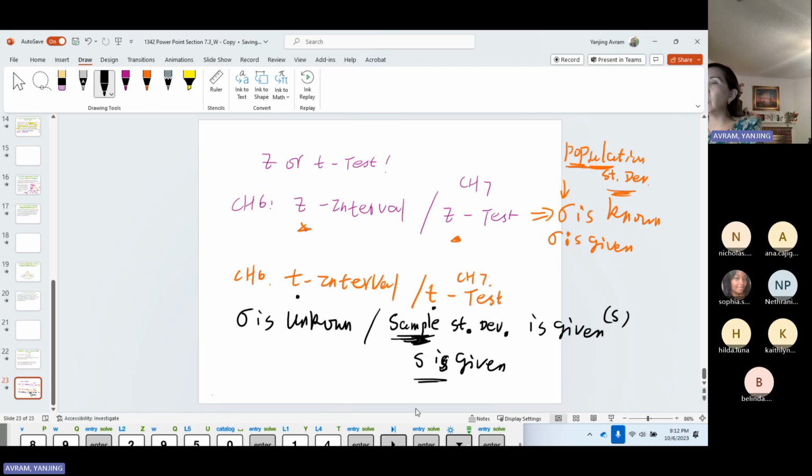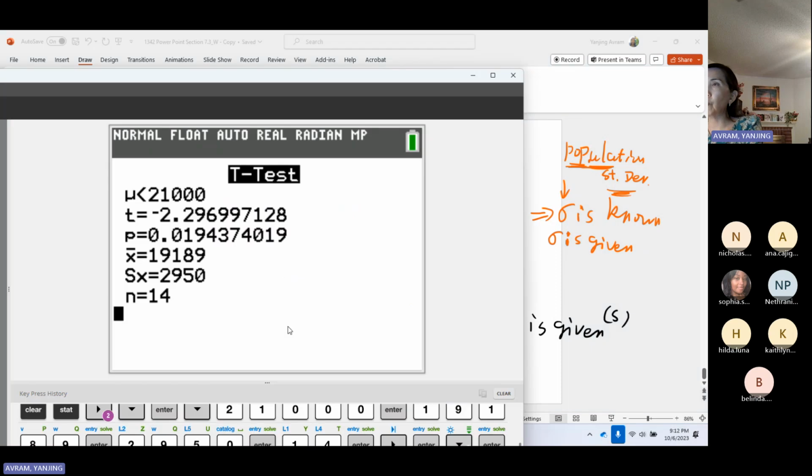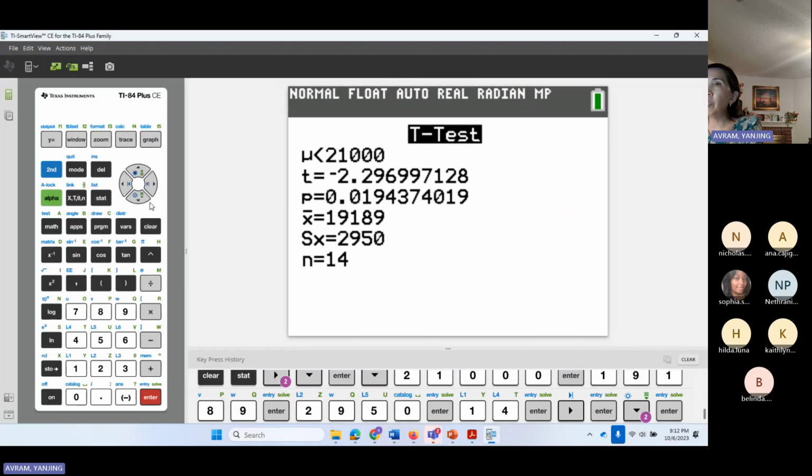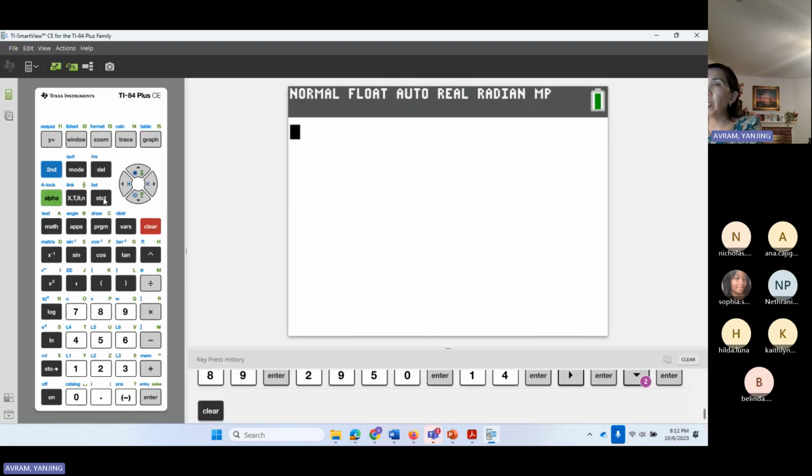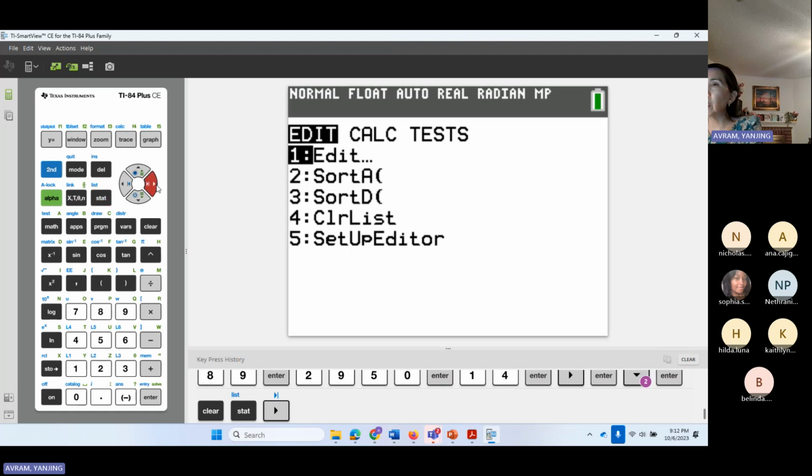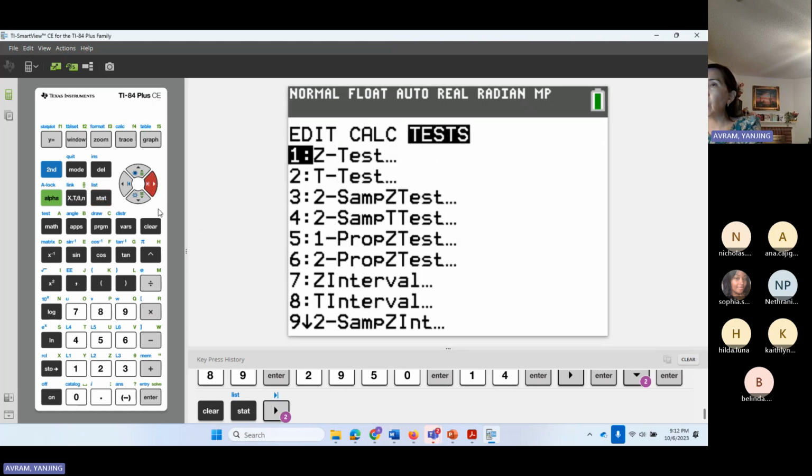And the good news is for the Z or T interval, Z or T test, you can use the calculator to find them. Remember, if you want to find the interval for chapter 6, you go to the test menu and go down for the Z interval, and then number 8 for the T interval.